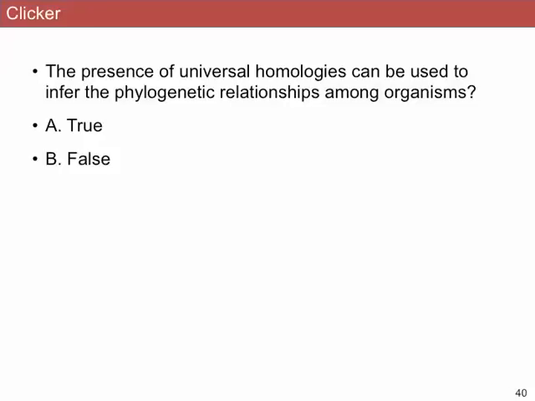I put true because it was like the example where you were showing two different trees. So it shows that all the lineages stem from one common ancestor rather than two different trees. Right, but that doesn't tell us what the relationships are among organisms. It's every taxa has present for the universal homology.